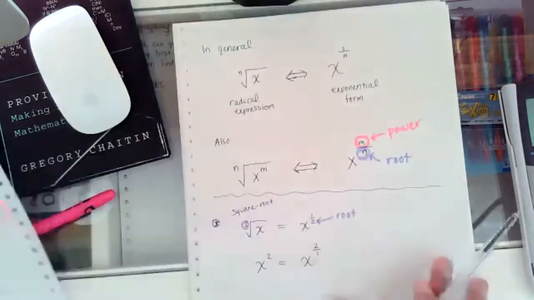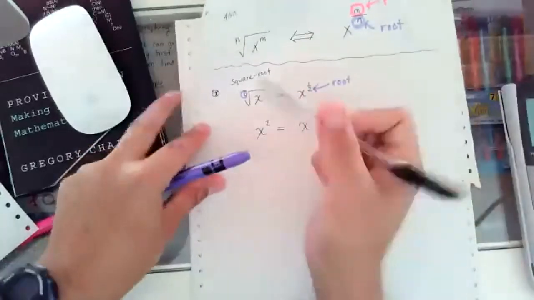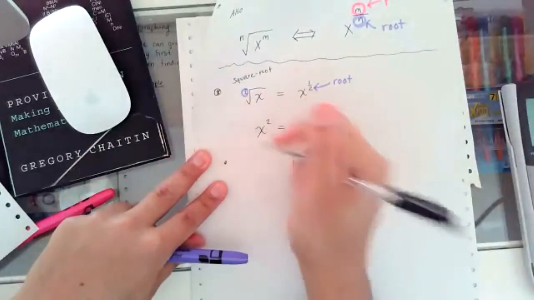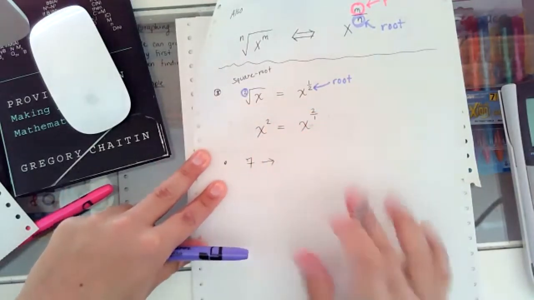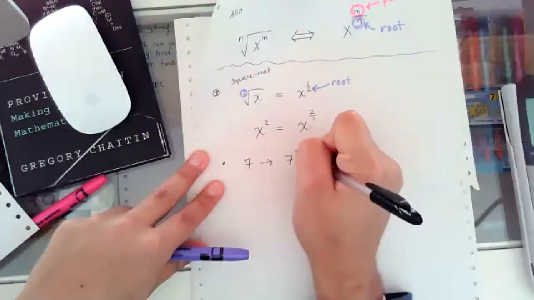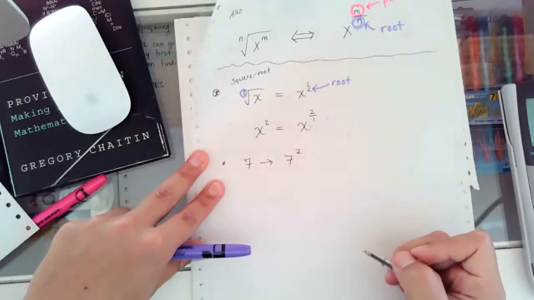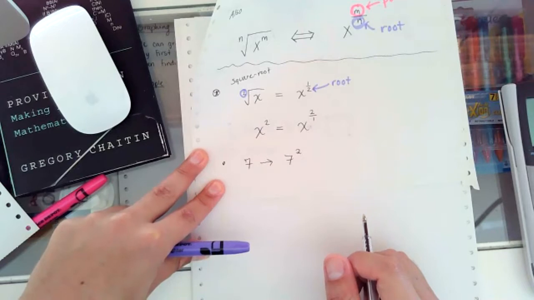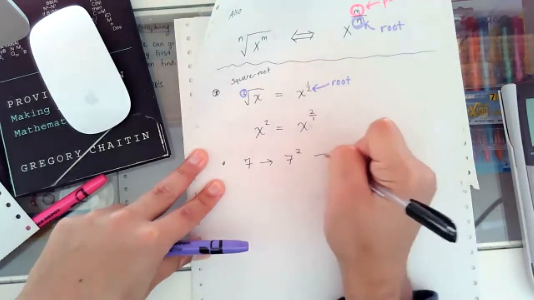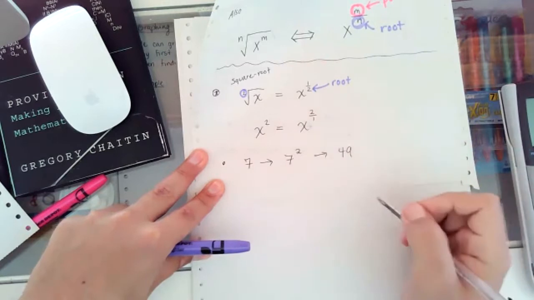Okay. So the example I was trying to give you guys is, let's say that I had 7, and then I said, okay, let's take 7 and apply the second power. What number do I get when I apply that second power? 49.